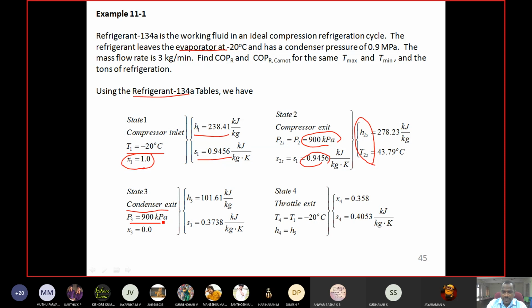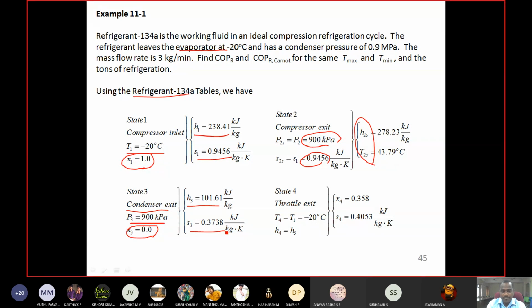Also at state 3 the refrigerant will be saturated liquid, so the X value will be 0. If you refer to the pressure table, we can get the H3 value and S3 value from the tables and charts. If you have any doubts, you can ask at any time.